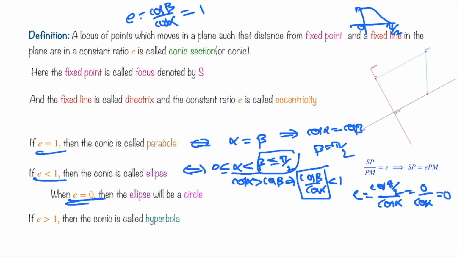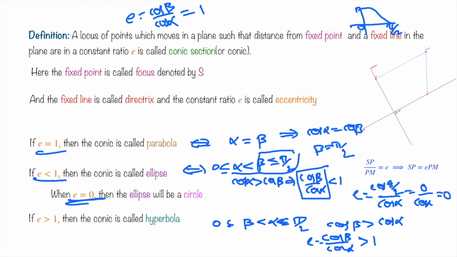Next, we get a hyperbola when beta is less than alpha. Again, since cos is a decreasing function, we know that cos beta should be bigger than cos alpha. That will give you cos beta by cos alpha greater than 1. So in this case E is greater than 1, and this also makes sense.